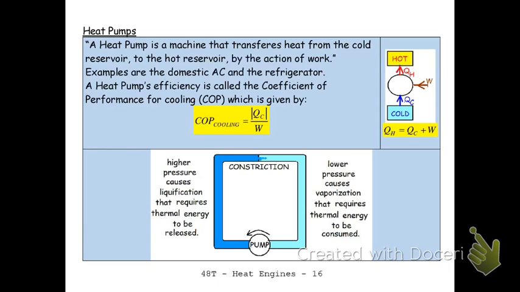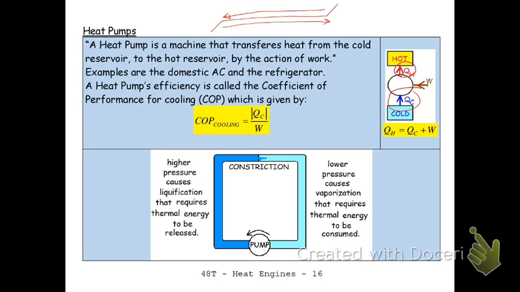And then along came somebody who said, you know, if I could get my internal combustion engine to work backwards, I could cool things. I could shove energy from the cold bit to the hot bit. Well, it doesn't work like an internal combustion engine. It works like a refrigerator. And a refrigerator works by storing energy when you vaporize and giving up the energy when you liquefy.